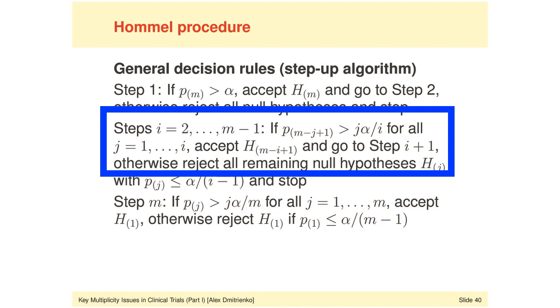It's a very interesting property, and what the Hommel procedure does here is that it borrows power, so to speak, for the current hypothesis from the other hypotheses that have been examined earlier in the sequence, and it helps ultimately improve power. As we will see in a few minutes, the Hommel procedure is in fact the most powerful multiple testing procedure among the procedures that will be discussed in Module C.